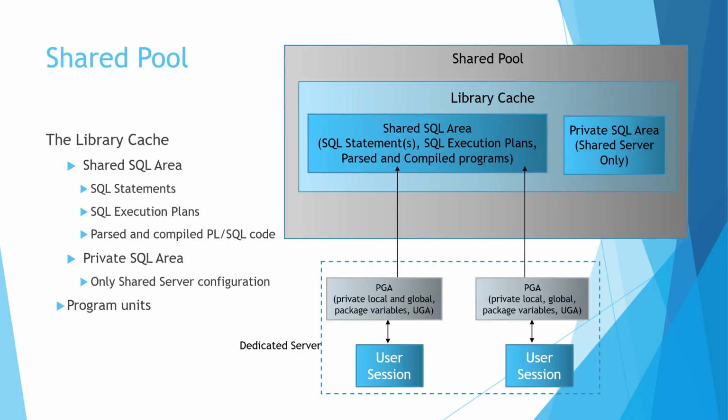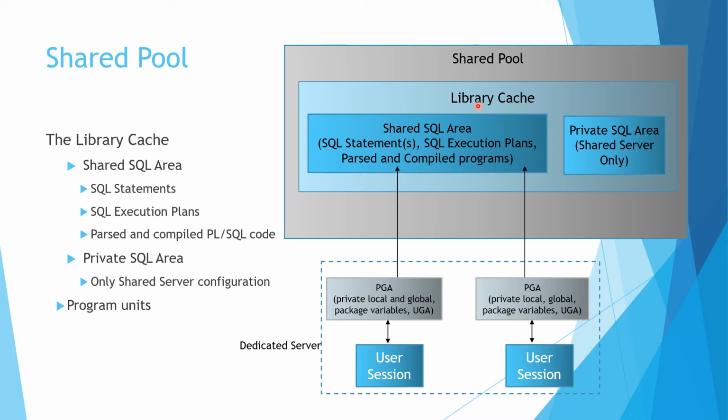The library cache is a memory structure in the shared pool which is used to store SQL statements, SQL query execution plans, and parsed and compiled PL SQL code. Locks and library cache handles are also stored in the library cache. The database attempts to reuse compiled code or SQL execution plans already present in the library cache.